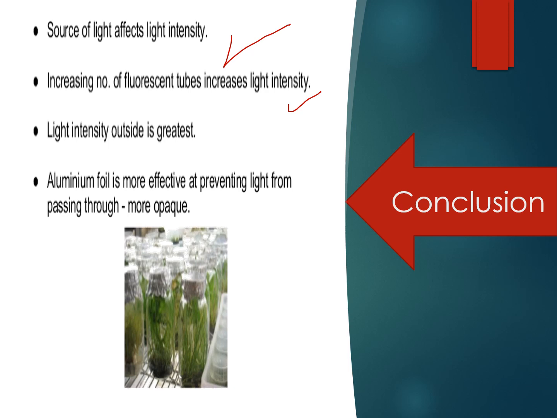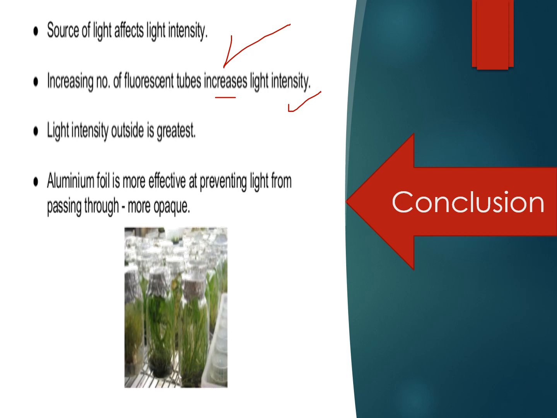If you have one fluorescent tube or one lamp inside your room, will that be the same as having 4 fluorescent tubes in your room? Of course not. The light intensity increases, meaning there is more light with an increasing number of fluorescent tubes.